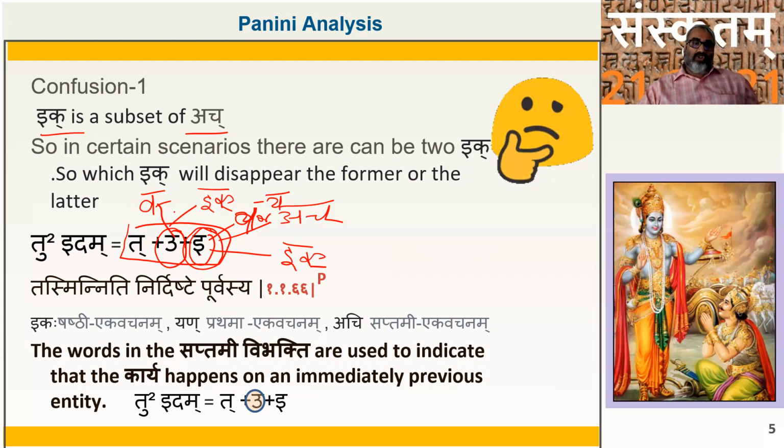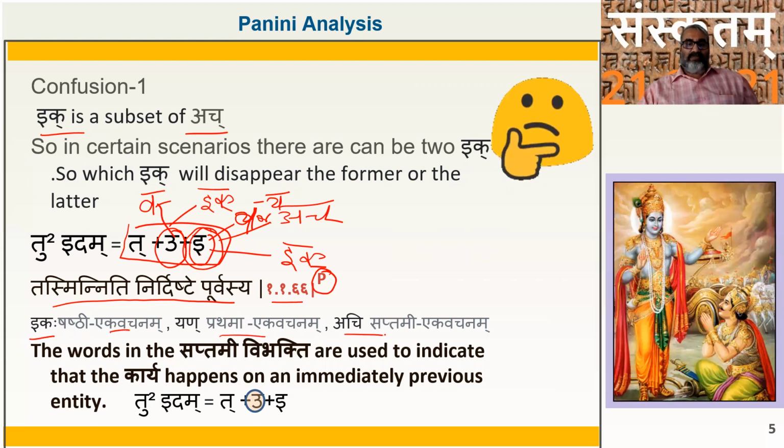This has been clarified very clearly by Panini in another Paribhasha Sutram, called Tasmin iti nirdishte purvasya. It is a Paribhasha Sutram; we saw the six Sutra Lakshanam. This is in 1.1.66. Ikaha is Shashti Ekavachanam, Yan is Pratama Ekavachanam, Achi is Saptami Ekavachanam. Saptami Vidhiyana Karyam.